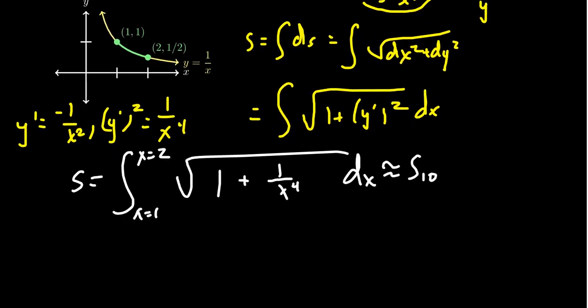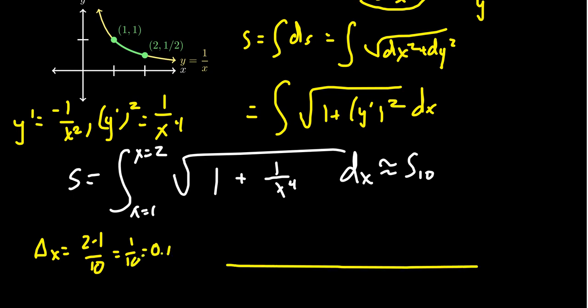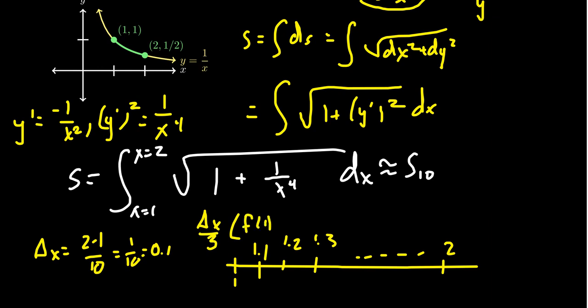Remember Simpson's rule. If we do it by hand, we'd calculate delta x, which would be 2 minus 1 over 10. That is 1/10, or 0.1. Then we have all of our x's: x0, which is 1, then 1.1, 1.2, 1.3, etc., down to 2. We then take delta x, which is 1/10, over 3 times 1 times f of 1.